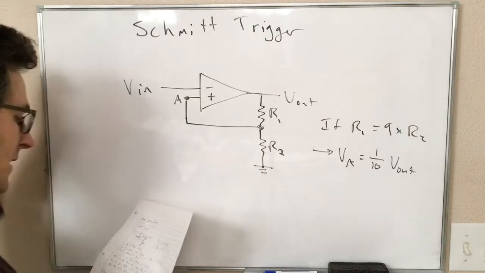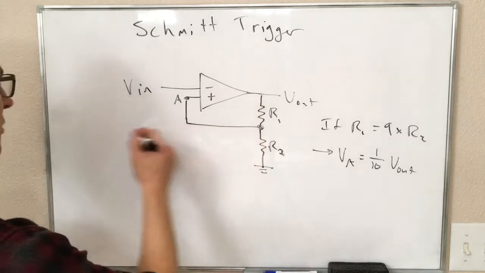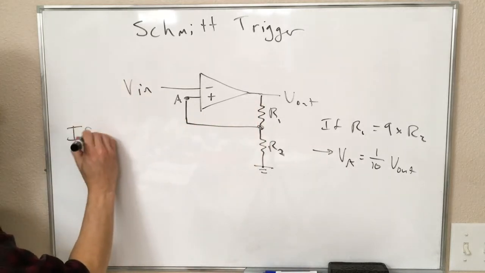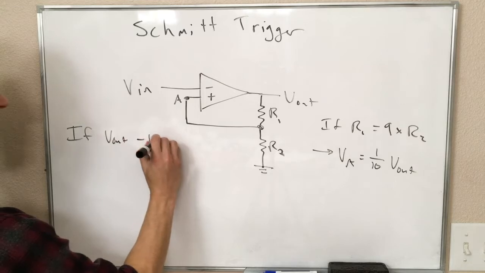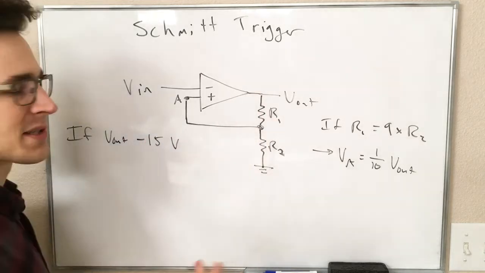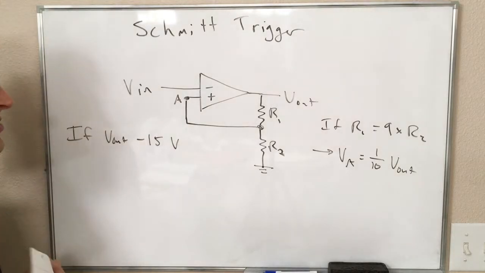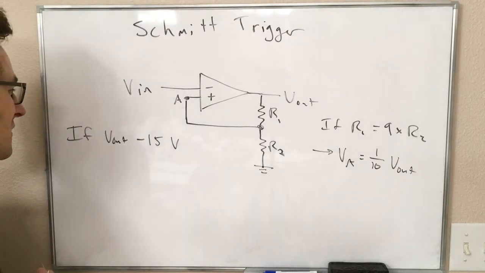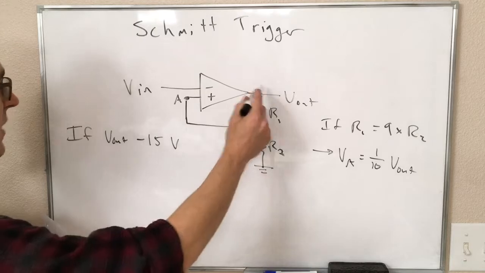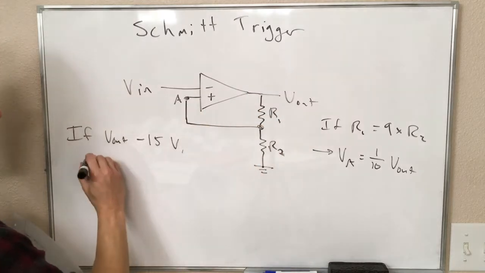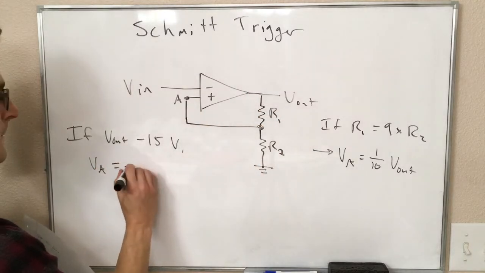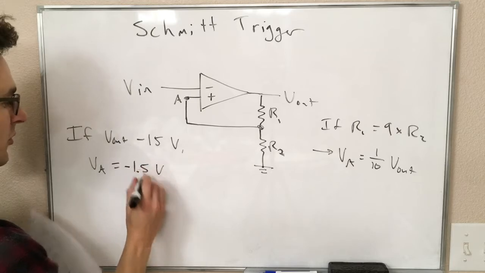Okay, so let's say that our output voltage is minus 15 volts. That is our maximally negative voltage, our minimum voltage. If that's the case, then our voltage at point A is equal to minus 1.5 volts.